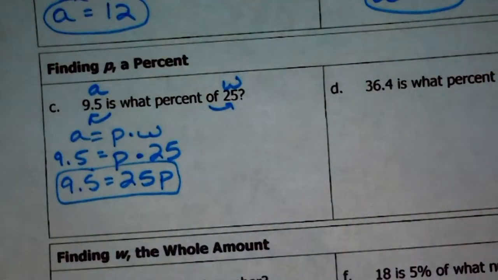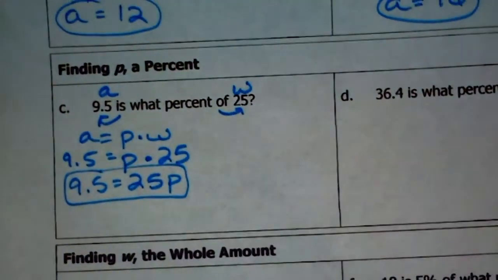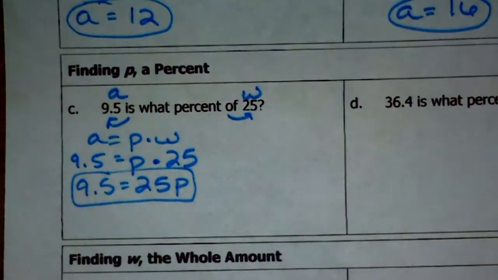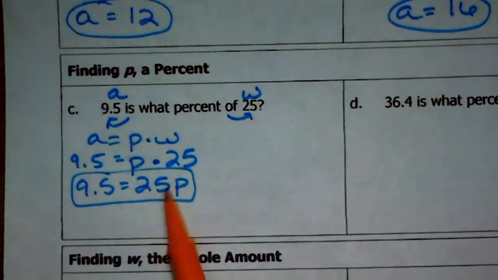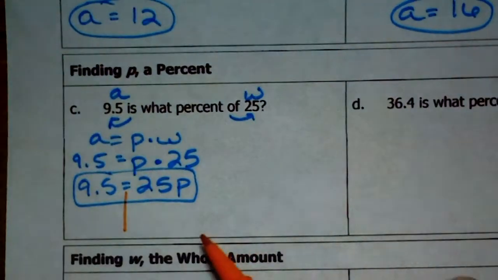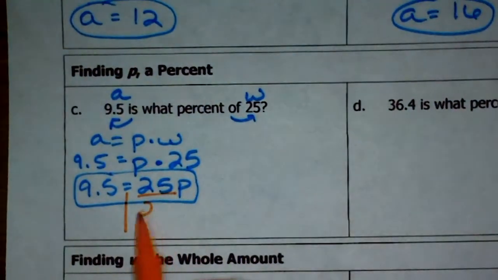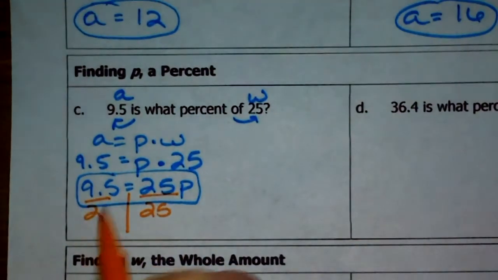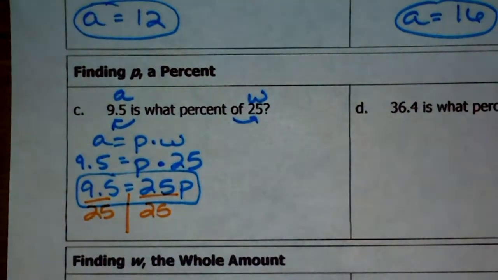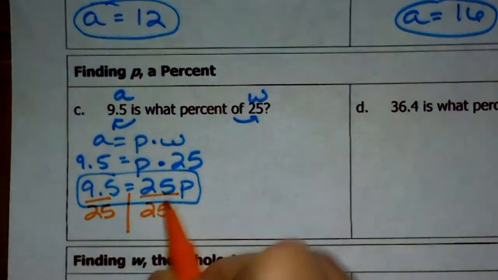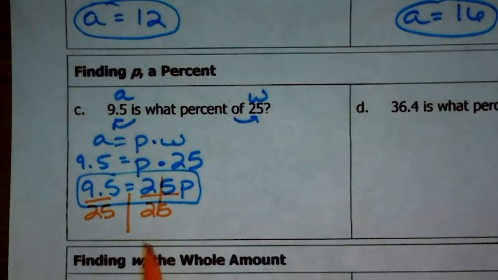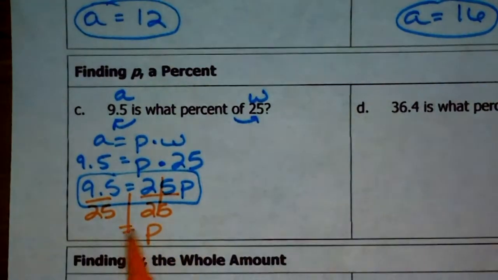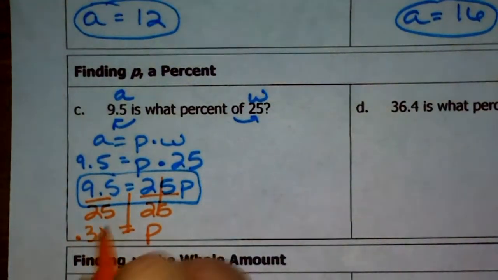We spent a lot of time solving these little one-step multiplication equations, because that's what it is, right? P is being multiplied by 25. If I want to get P by itself, I'm going to draw my line. All I need to do is divide both sides by 25. So when you do this, 25 divided by 25 is 1. P is by itself. And when you take 9.5 divided by 25, we end up getting 0.38.